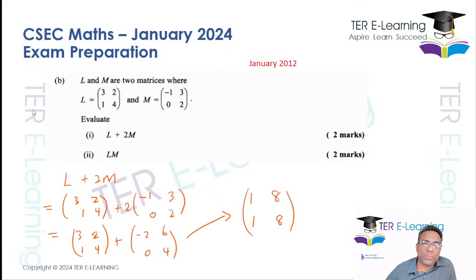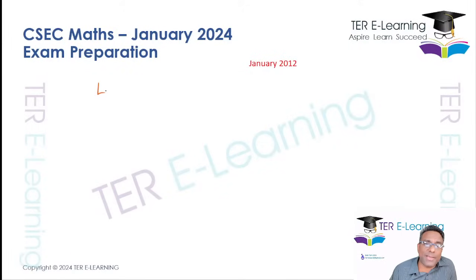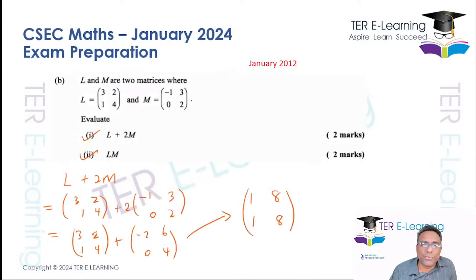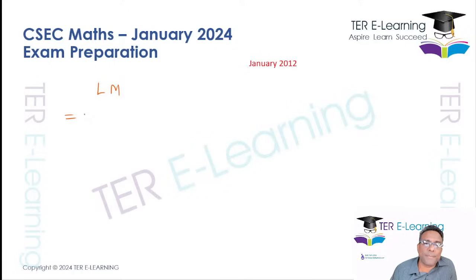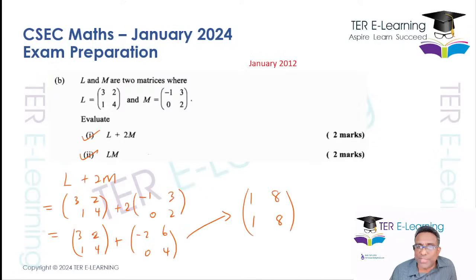Next thing they want us to work out, so this is part 1. Part 2 is a product, so that's a matrix product. So it's L by M, right? So L is 3, 2, 1, 4. And you're multiplying that by the matrix M, which in this case is minus 1, 3, 0, 2.